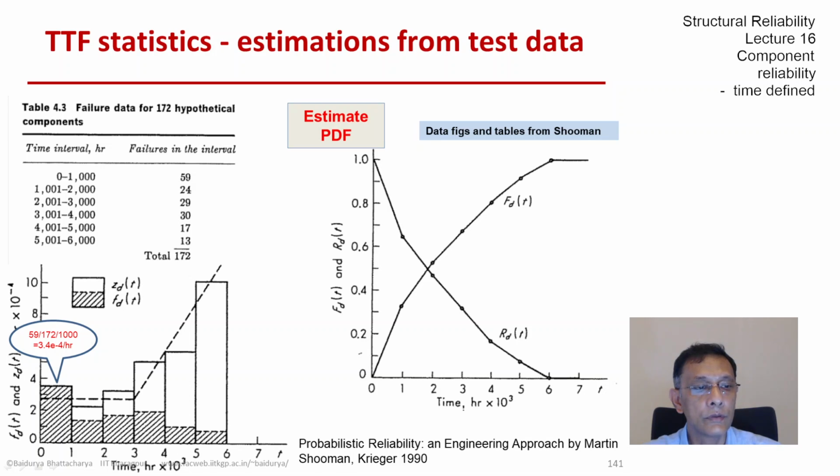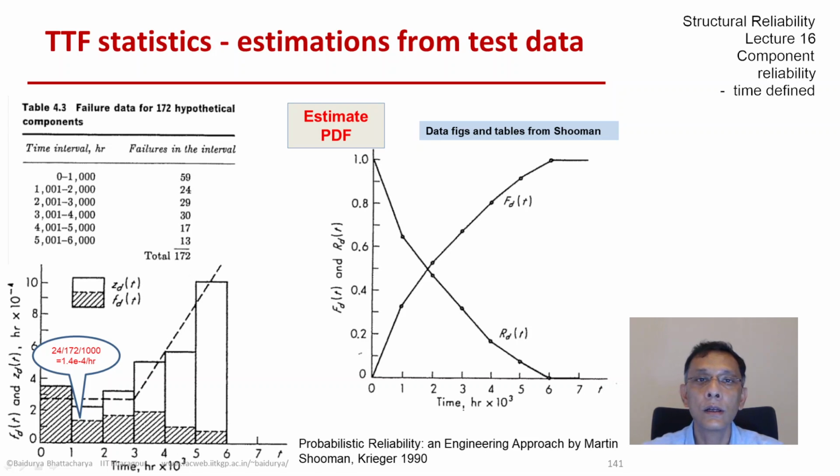So that's about 3.4 times 10 to the minus 4 per hour. So that is the PDF corresponding to the first interval. The second interval, there are 24 failures and proceeding the same way, 24 over the original number of samples over the duration of the interval. So that gives me 1.4 times 10 to the minus 4 per hour.